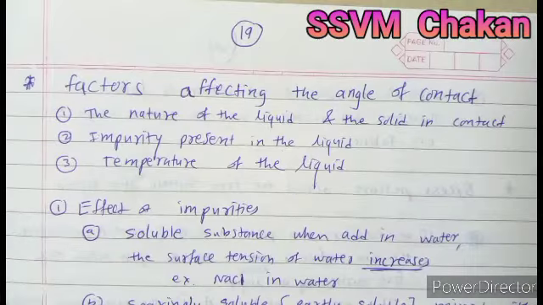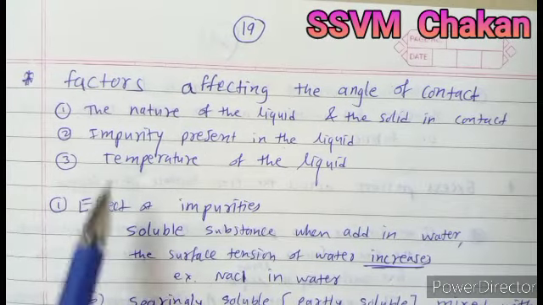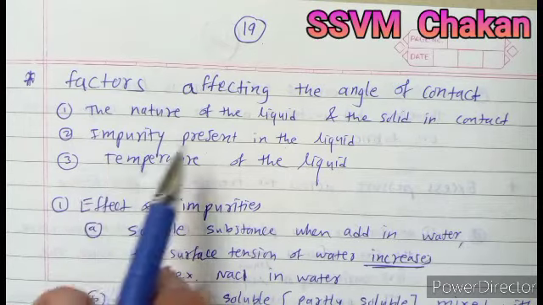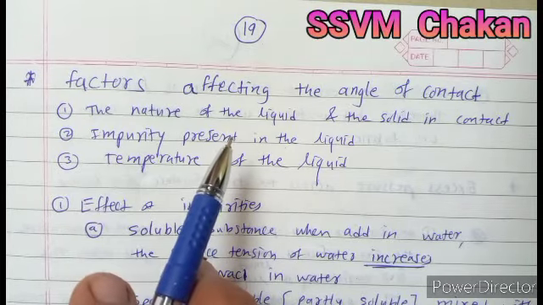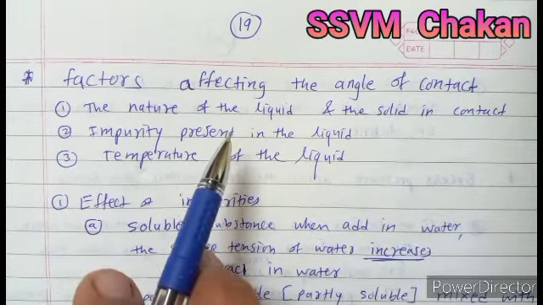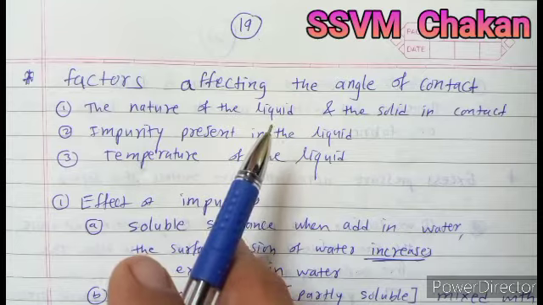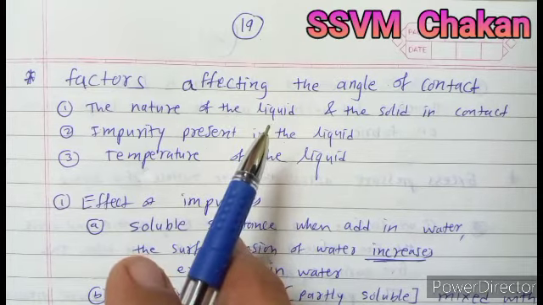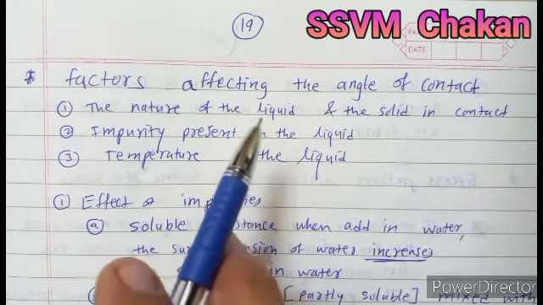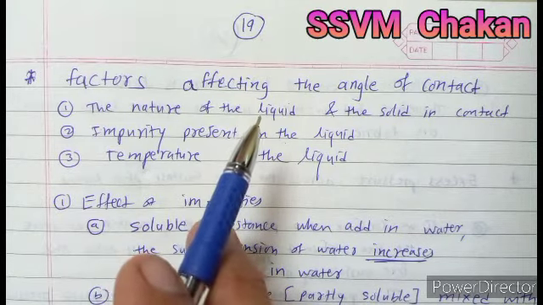Now, factors affecting the angle of contact. First factor, nature of liquid and solid in contact. We have seen that when kerosene is in contact with glass, the angle of contact is acute. With the same glass, if mercury is in contact, then the angle of contact is obtuse.